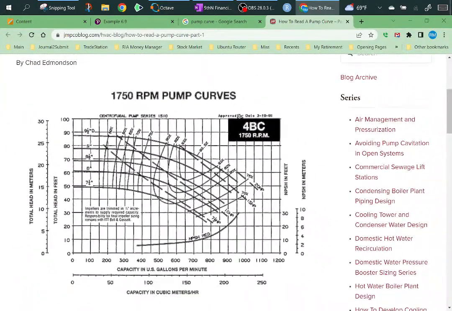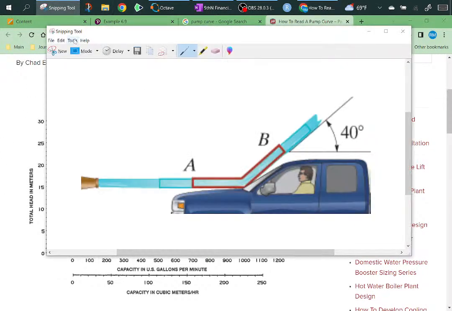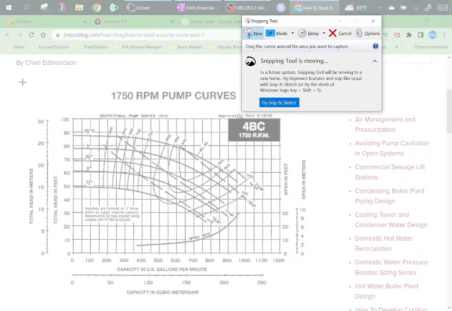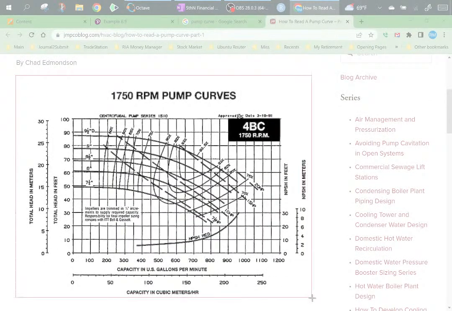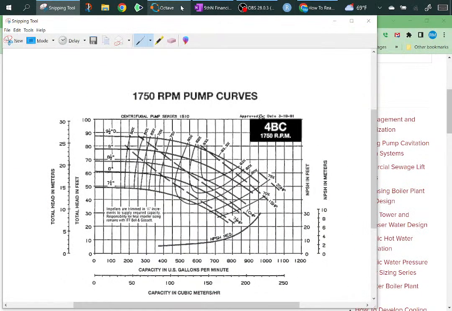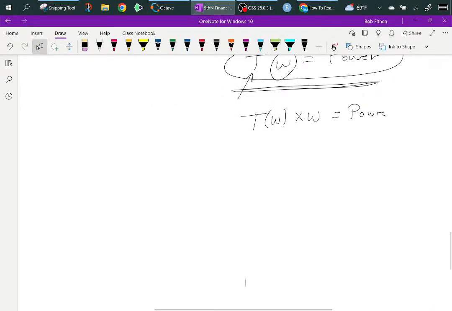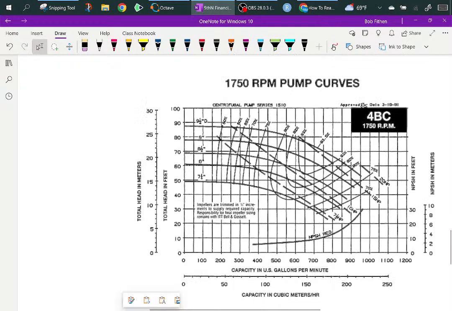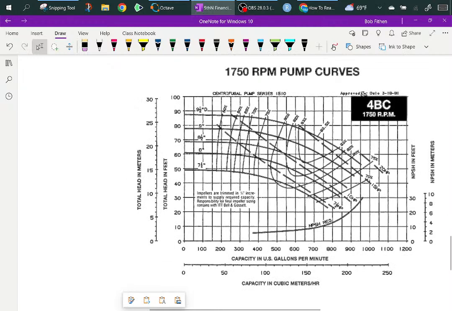particular pump, whoever designed this pump, I don't know who designed it, it doesn't really matter. It's just a pump. They all have similar behavior. You come in here and you say, hey, what is the best place to run this pump? And if you look at it, it's right through here.